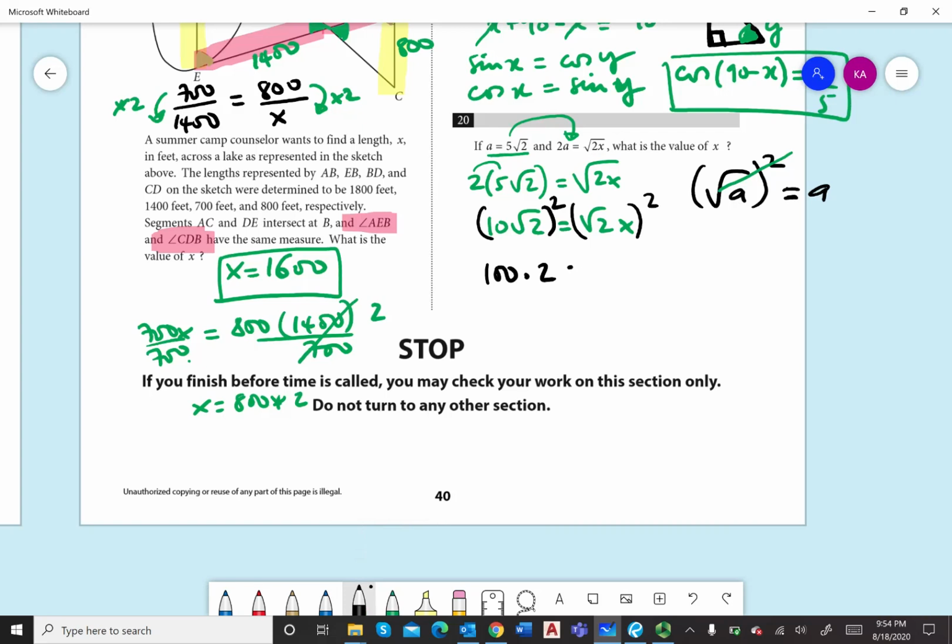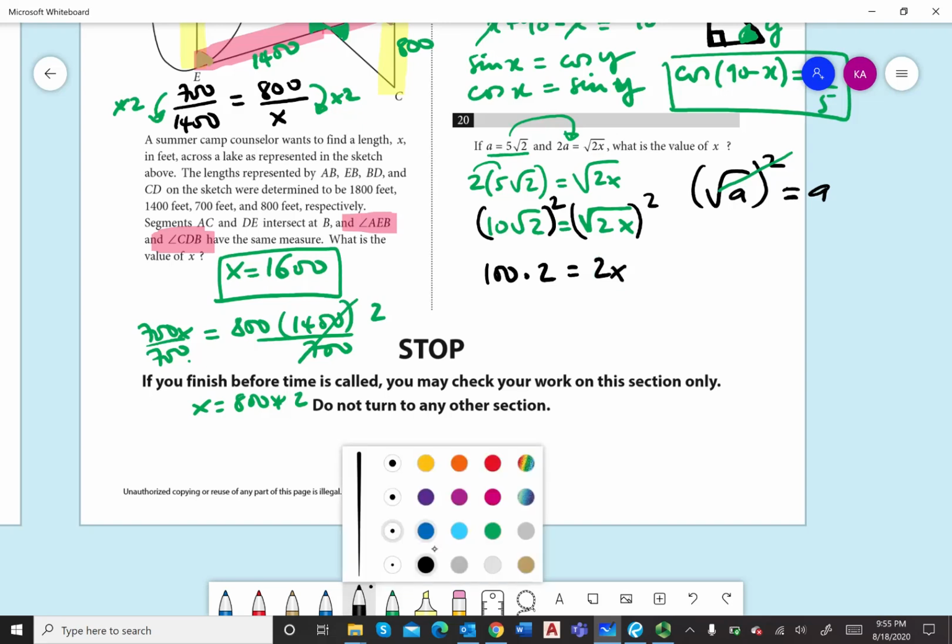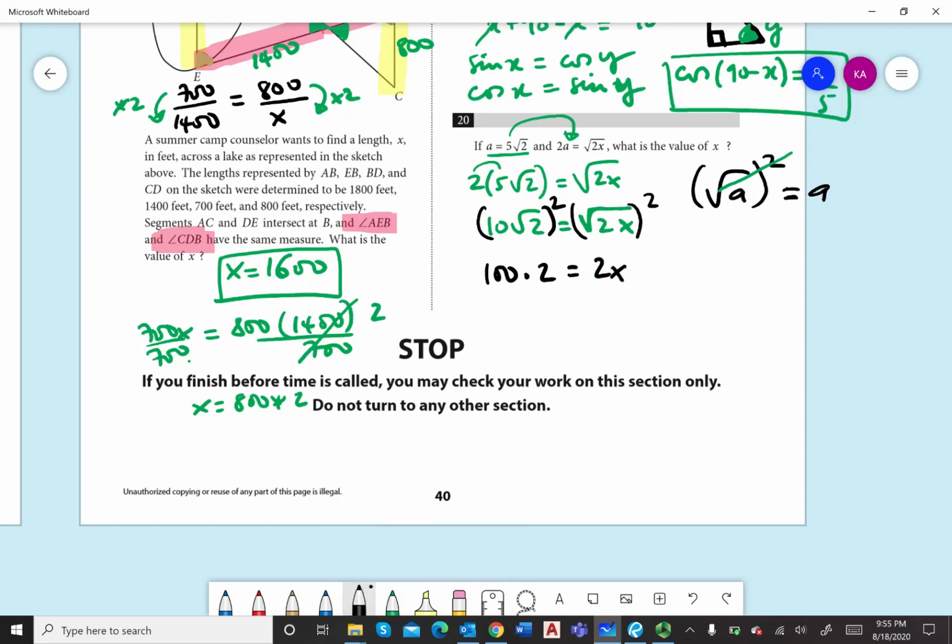So the 2x is under the square root, so it'll just be 2x. Okay, makes sense? So I can just divide by 2, so I get x to be 100.